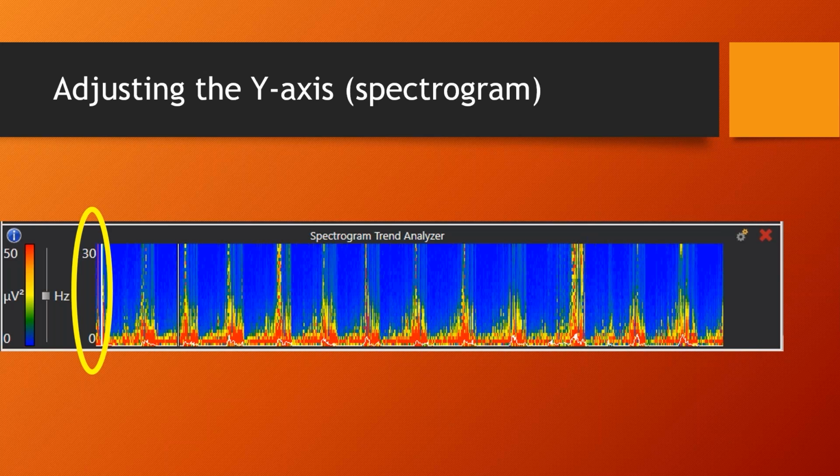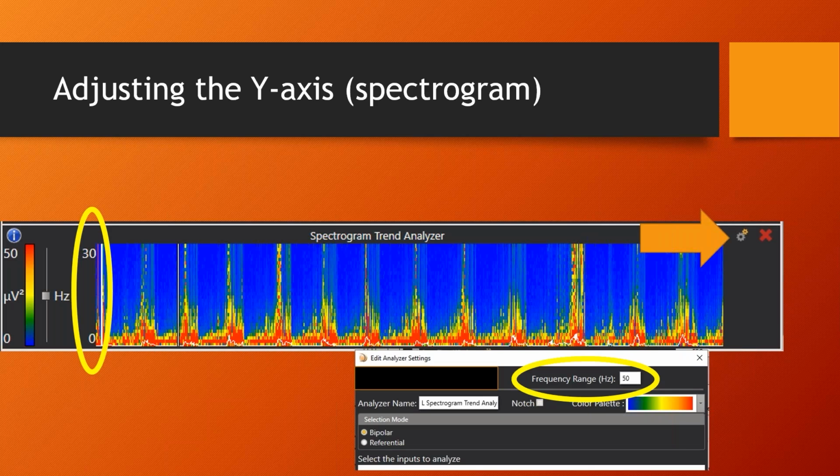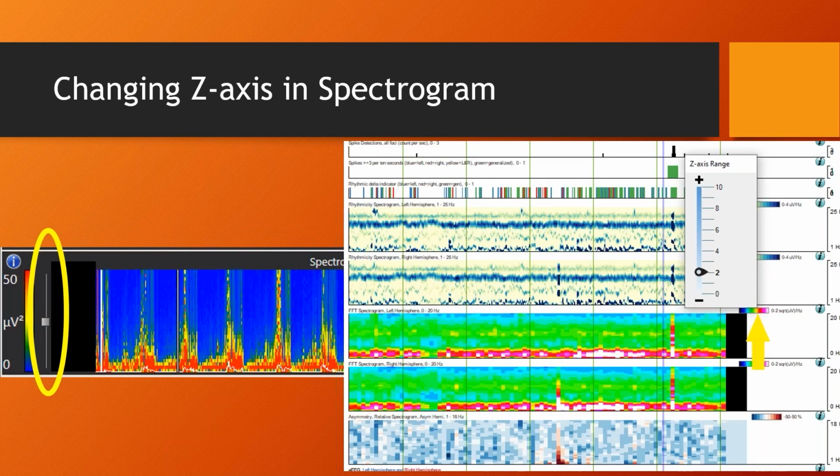So in order to adjust the y-axis, we're going to go to our settings on that little cogwheel on the right-hand side of the trend. We're going to open that up, and we're going to adjust our frequency range there. That's the only one that's really tremendously different.